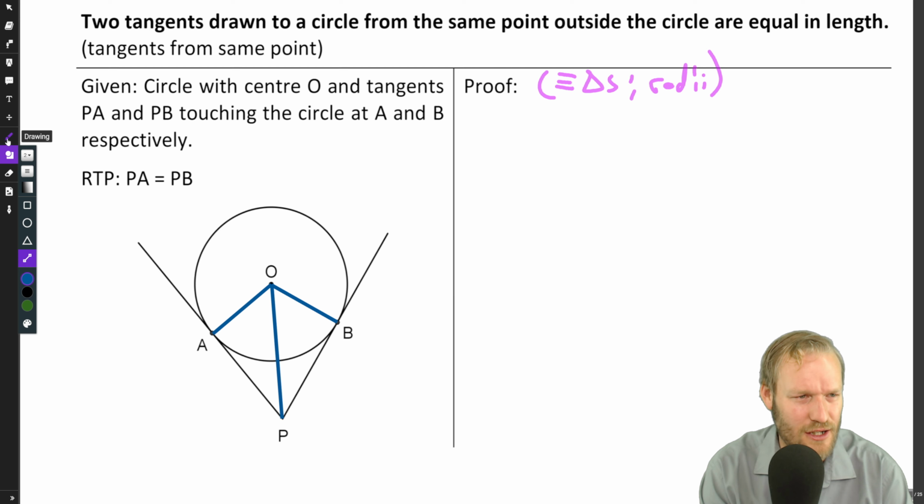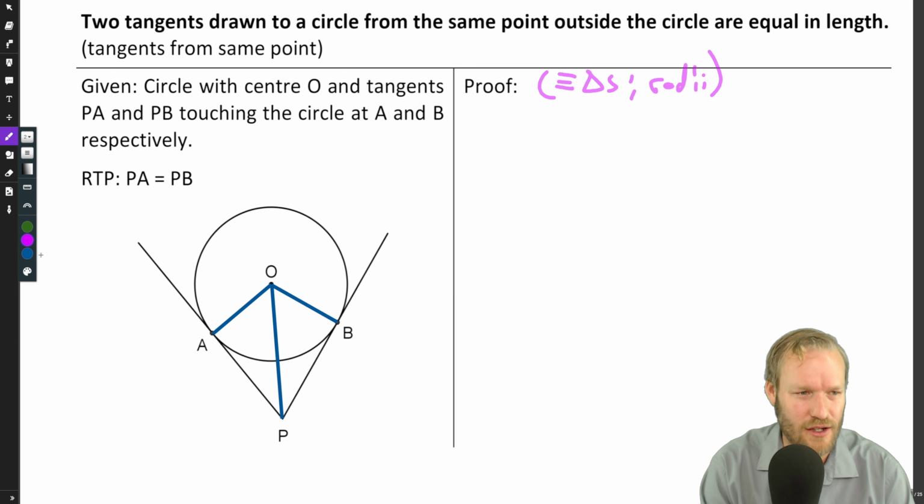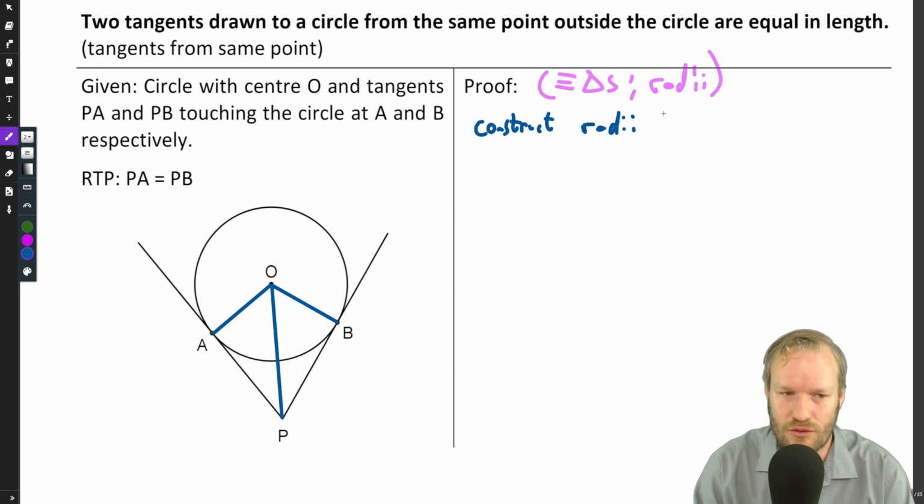Let's now capture what we've done here. First of all, we construct radii OA and OB, and we also constructed line OP. Now, using the axiom that we've just learned about, this must be 90 degrees and this must be 90 degrees as well.